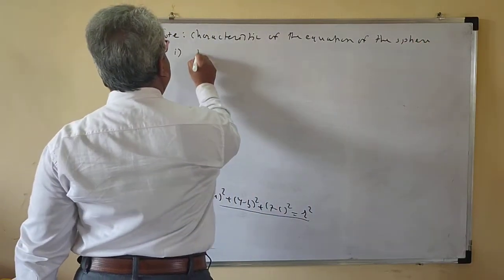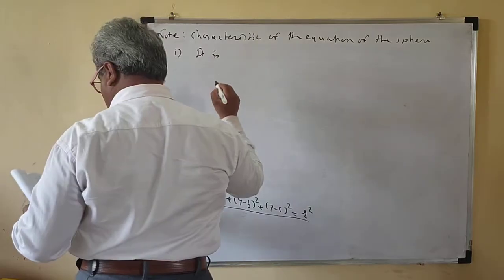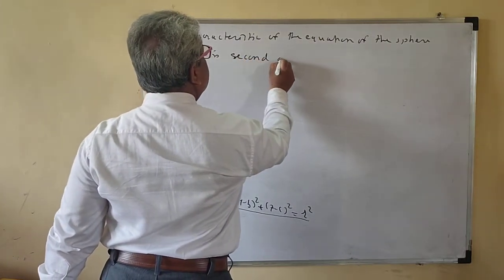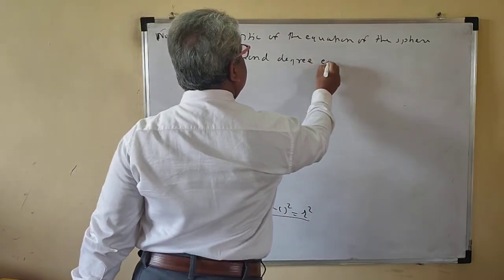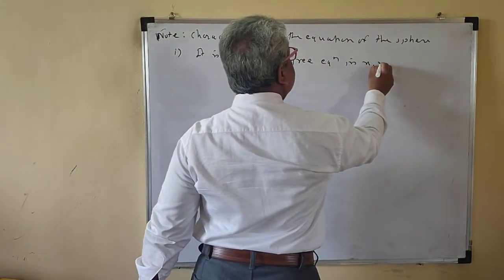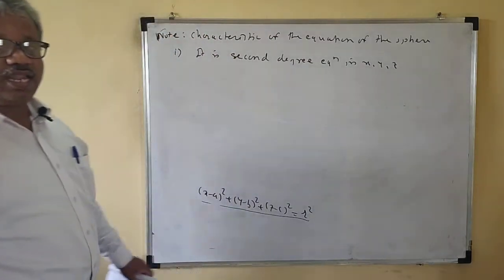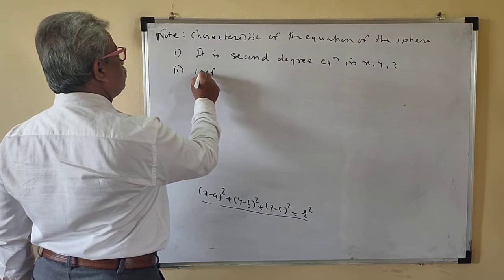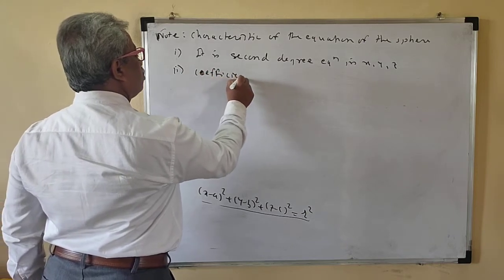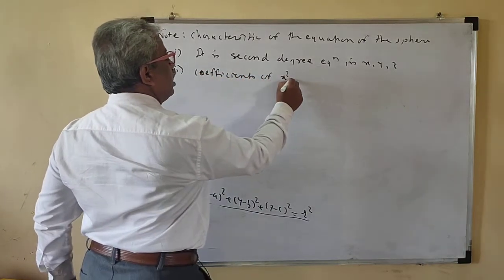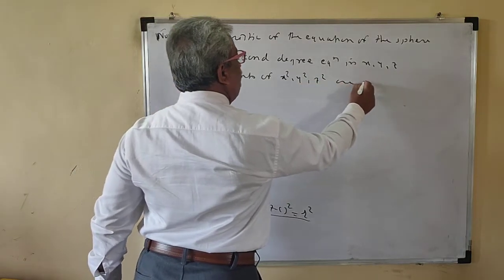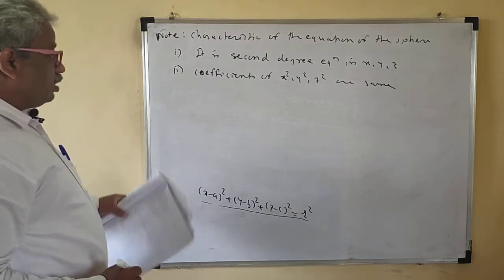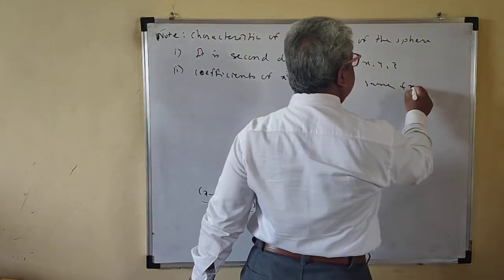First, it is a second degree equation in x, y, z. Second, the coefficients of x square, y square, z square are the same and non-zero.